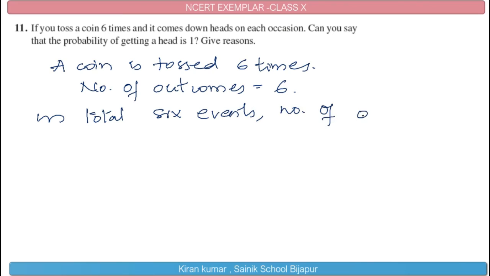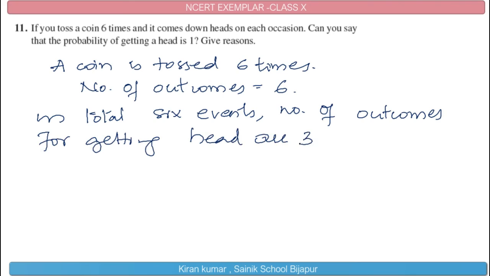number of outcomes for getting head will be 3. So the number of favorable outcomes will be 3.